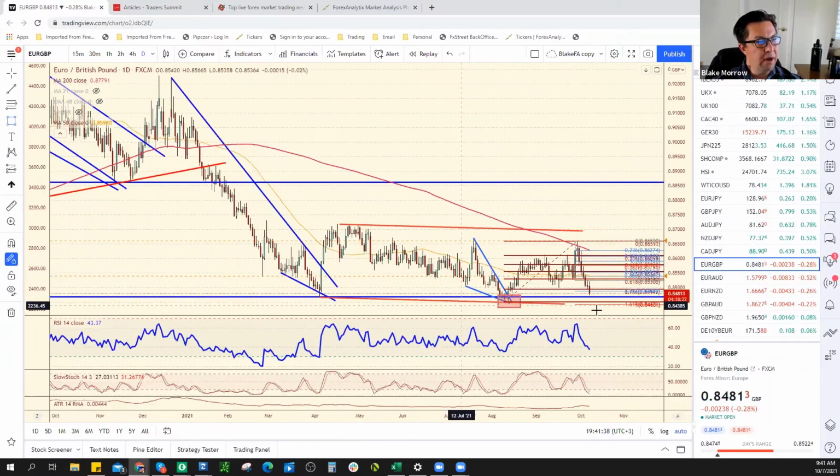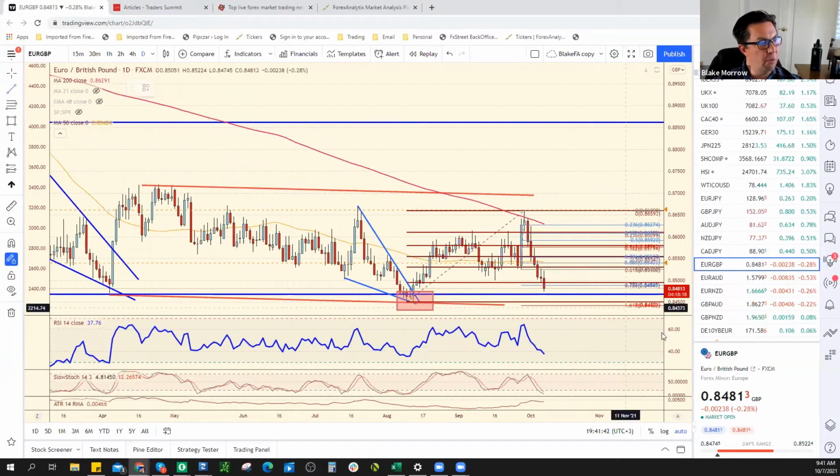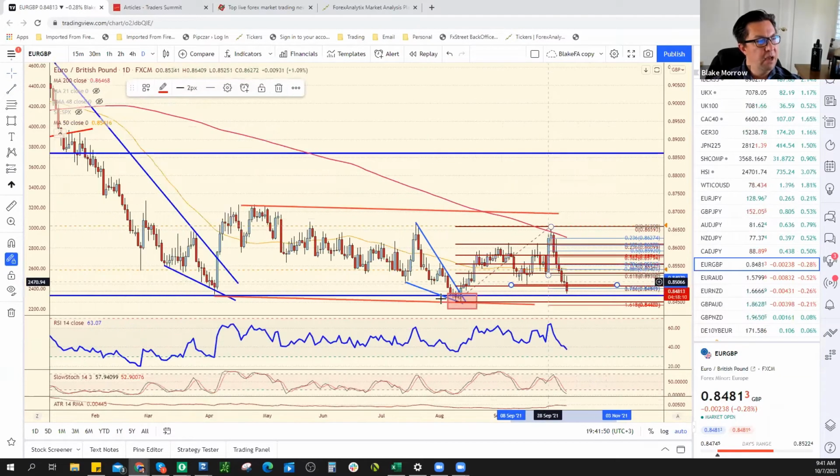I'm a little worried about it if we close below 85. So if we have a weekly close below here, I don't know if I'm going to stick around. I might just cut my losses and move on with my life. Because you guys know I've been playing this false breakdown right here, and I was able to book some profits, but now I'm not feeling so good.